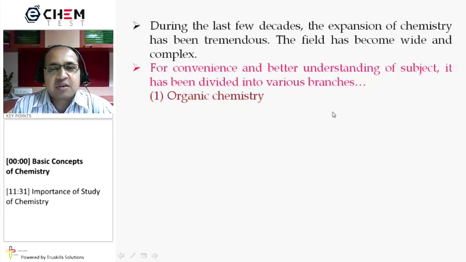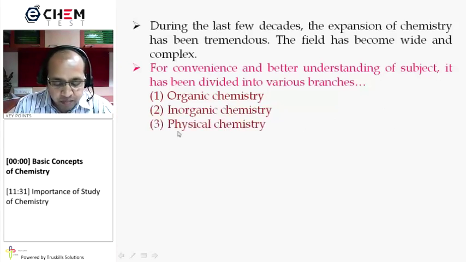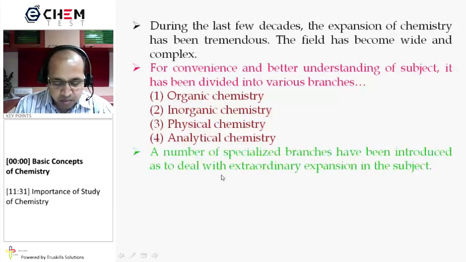Organic chemistry deals only with compounds made up of carbon and obtained from living organisms. Inorganic chemistry deals with compounds other than carbon. Physical chemistry is where all the calculative part of chemistry comes. Analytical chemistry is where we do identification and estimation of the various substances present in any substance.